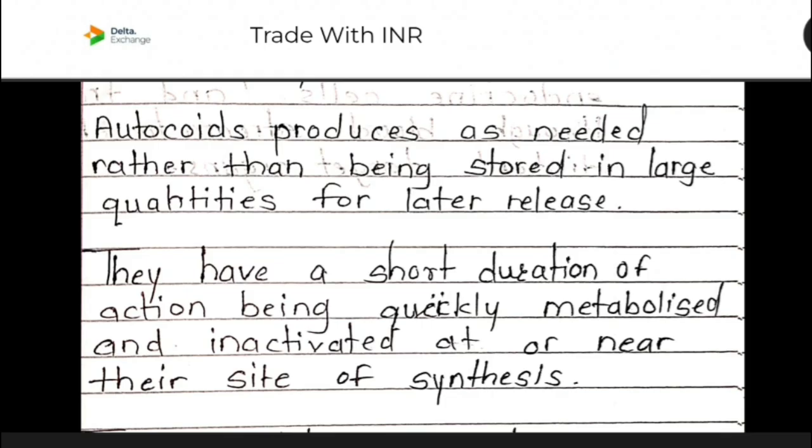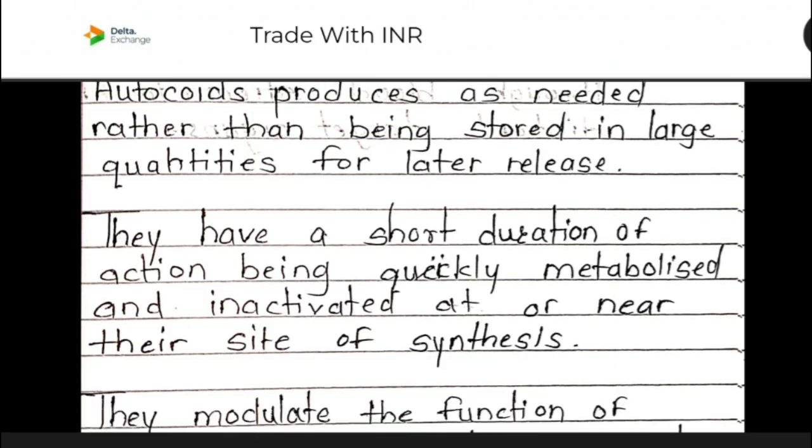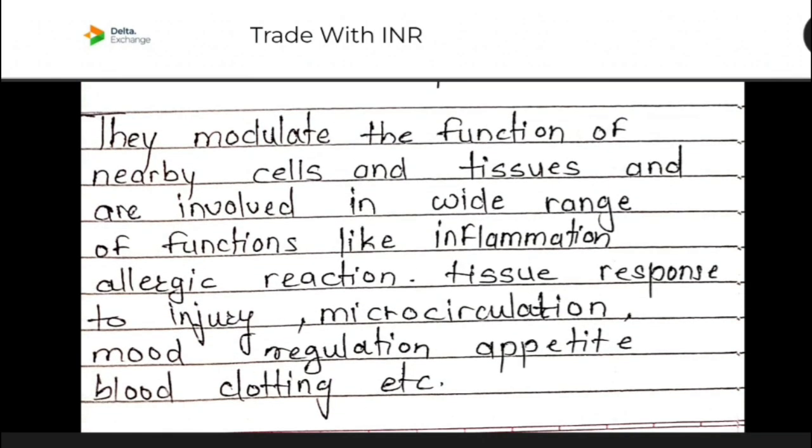They have a short duration of action, being quickly metabolized and inactivated at or near their site of synthesis. They modulate the function of nearby cells and tissues and are involved in a wide range of functions like inflammation, allergic reaction, tissue response to injury, microcirculation, mood regulation, appetite, blood clotting, etc.